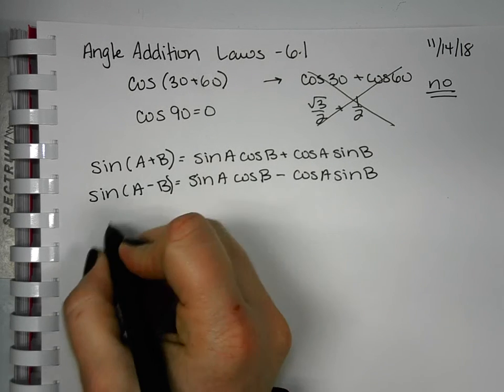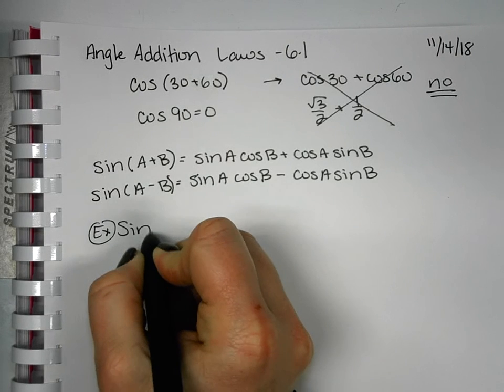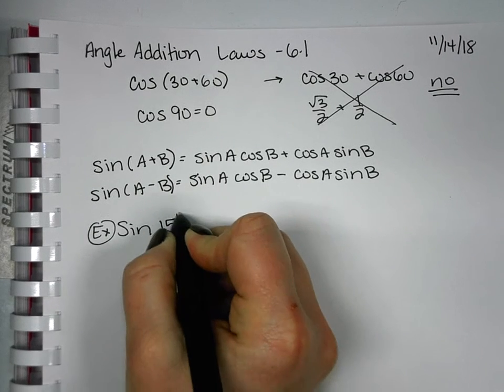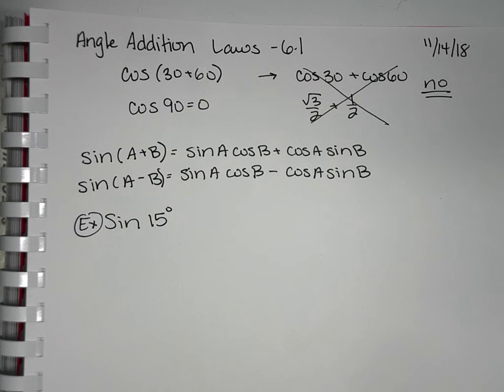So when we look at, for example, something like this, we have sine of 15. Now 15 degrees is not an exact angle. So what we want to think of is how can we write it as a sum or difference of two exact angles.